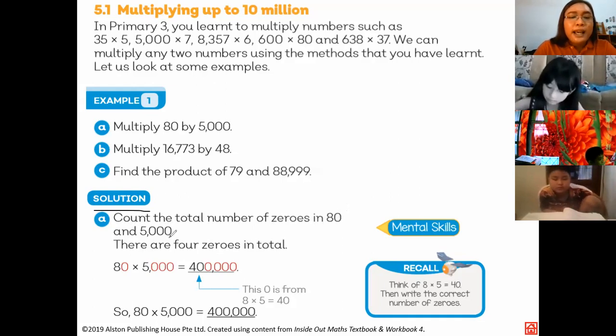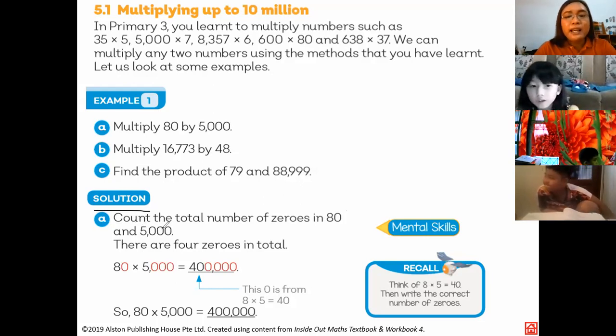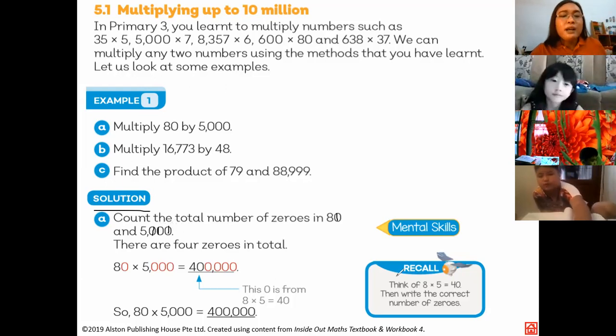Okay, very good. And how many zeros in 5,000? Three. So if we add the zeros, that's going to be 4. So 1, 2, 3, and 4. So there are 4 zeros, right?